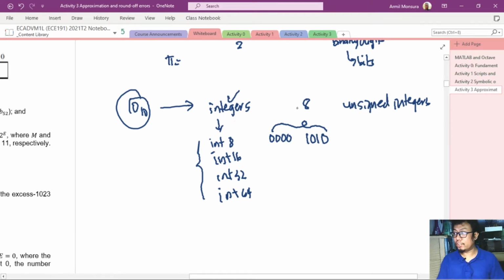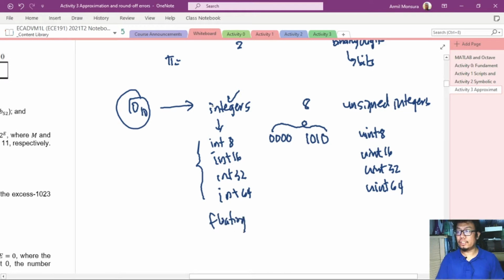So you have integers there, you have unsigned integers there. Say uint 8, uint 16, uint 32, uint 64. And then still you have what we call the floating point numbers.